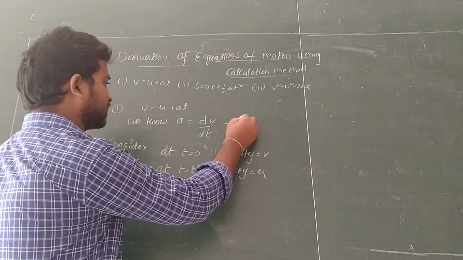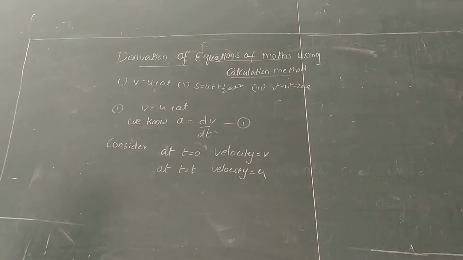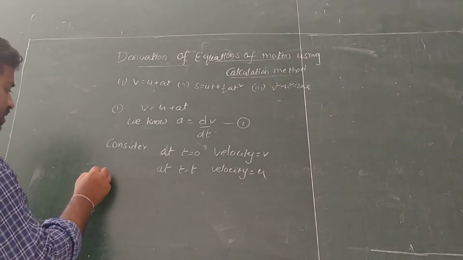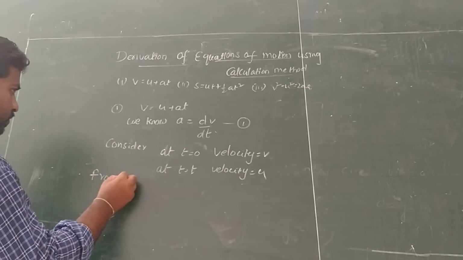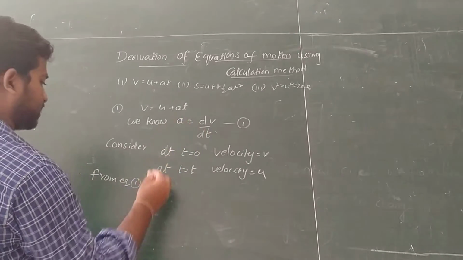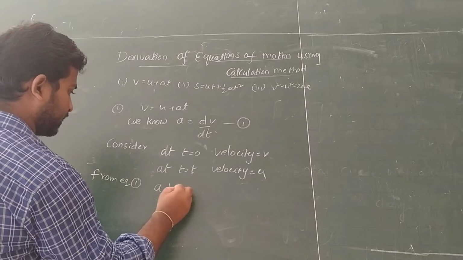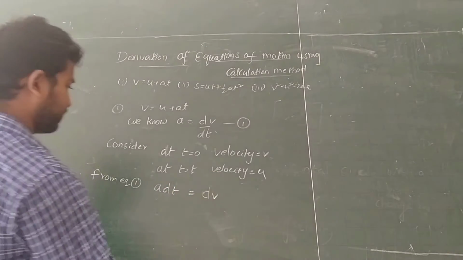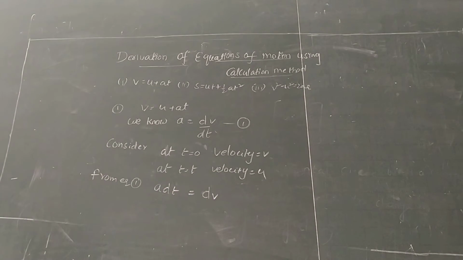So see, it is equation 1. Understand? From equation 1, I will cross multiply both sides. Then it is A dt equal to dv.